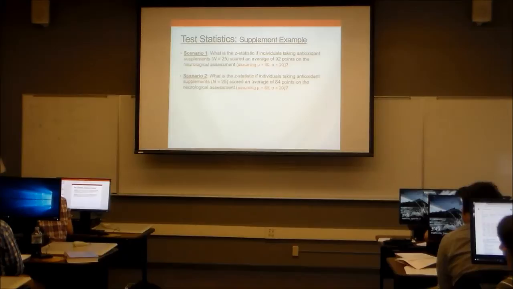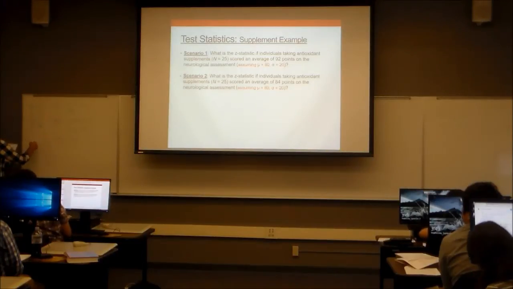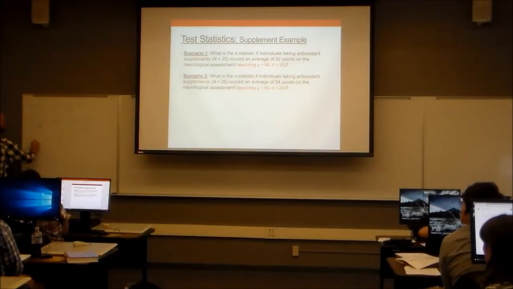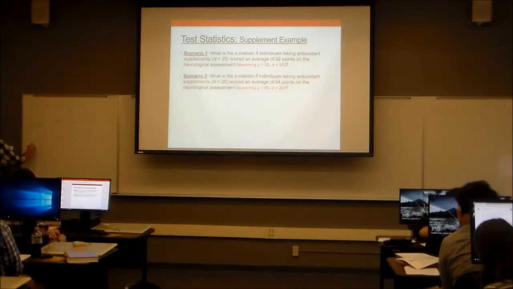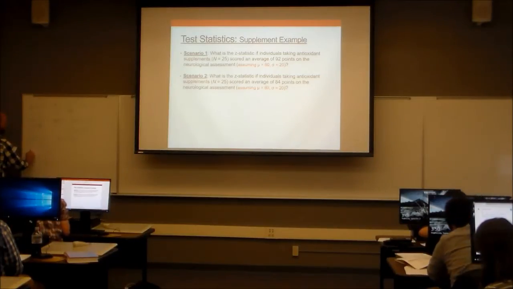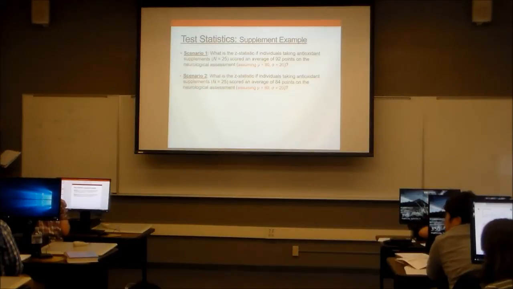We could also, if we wanted to, and we haven't done this yet, calculate an effect size, right? We've got our score, 92, minus the assumed mean under the null, which is 80, over our standard deviation of 20, which gives me an effect size of about 0.67.